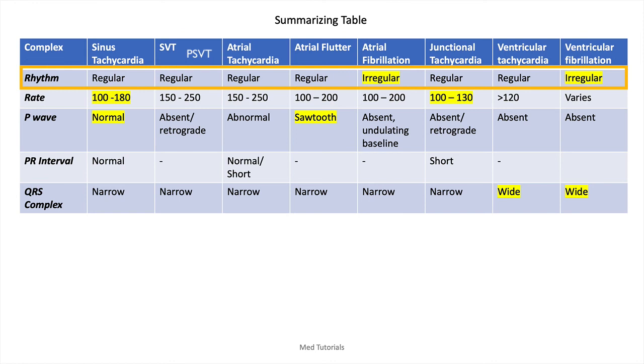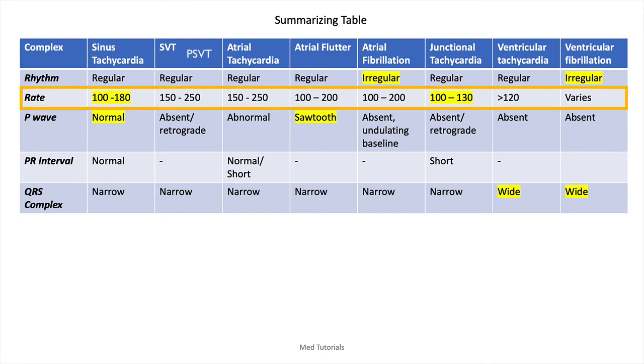There are times with sinus tachycardia, if you have premature atrial complexes, where you might have irregularity, or atrial flutter with a varying block, you might have irregularity. But commonly what we see is atrial fibrillation with an irregular heart rate. Rate-wise, what are the important things we have to keep in mind?